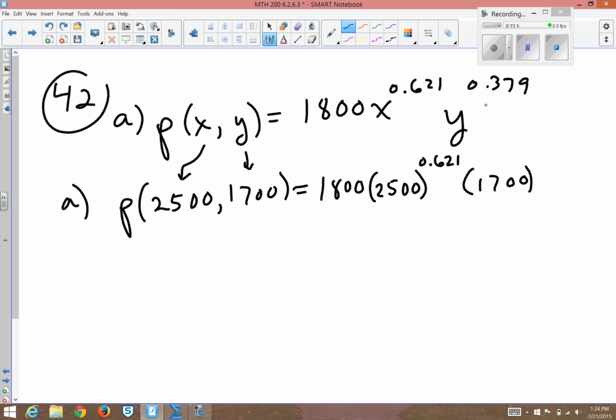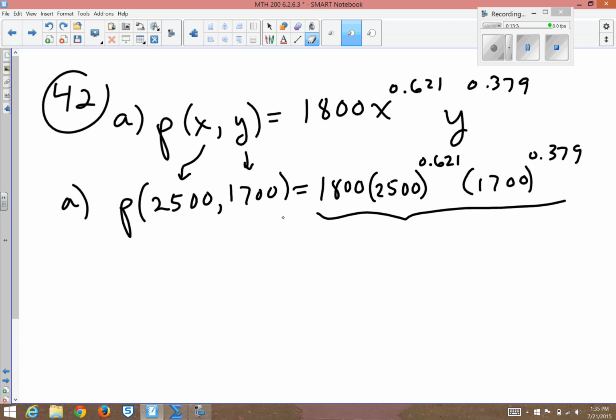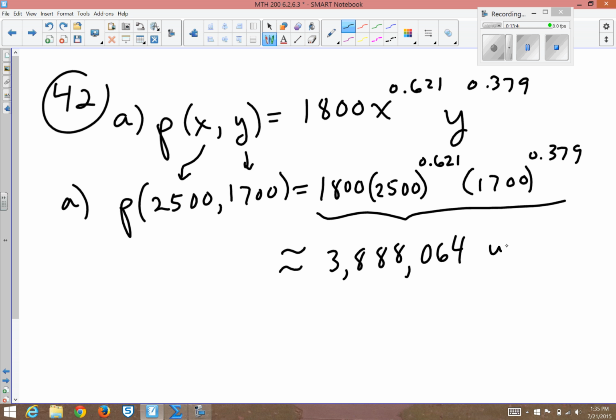There's Y, raised to the 0.379. Type all of this in the calculator, and you get, make sure you do it on your own calculator, you get approximately 3,888,064 units produced.